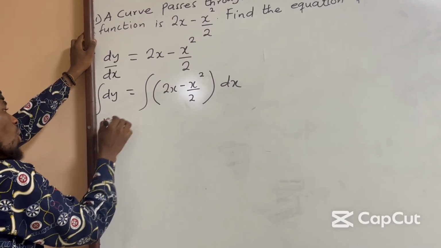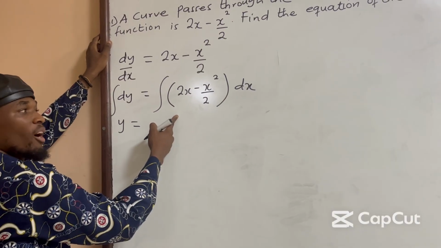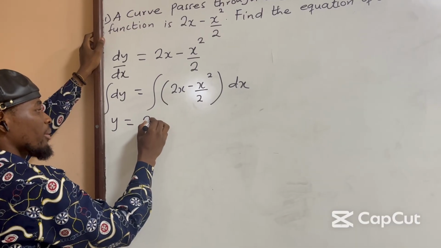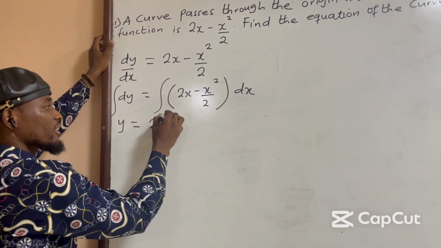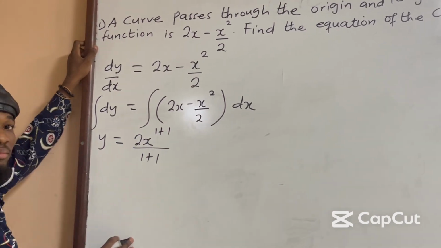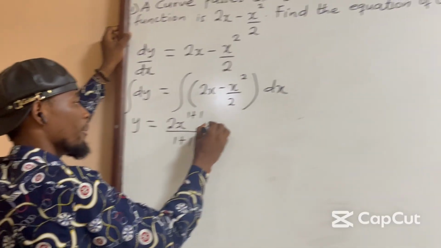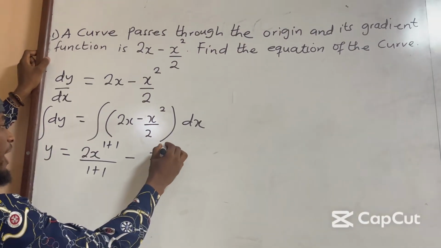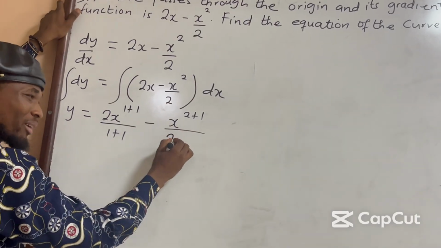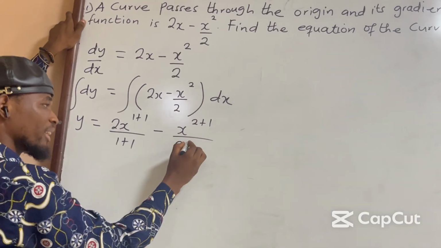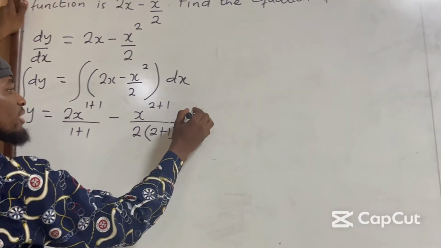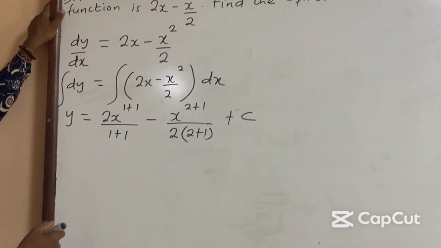I have y equal to, now when you integrate 2x, you have 2x raised to the power 1 plus 1 over 1 plus 1. We know this already. Then minus x raised to the power 2 plus 1, all over, I already have my 2 there, times 2 plus 1. Then plus my constant of integration.